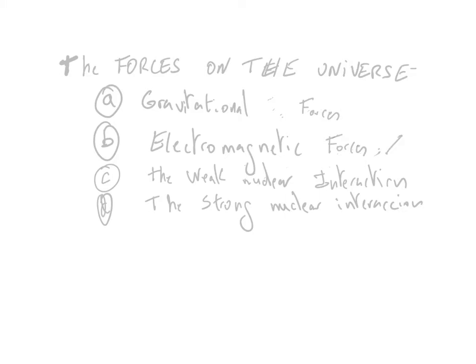Why does the gravitational force appear? It appears because the matter has an attribute, and the attribute is the mass. Another matter has the attribute of another mass, and between them there is an interaction.